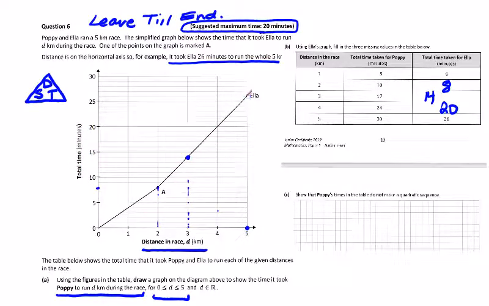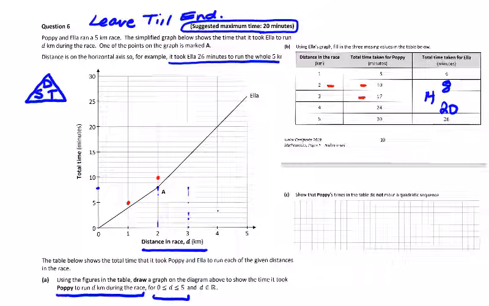Try and fit it in. So we have 1, 5. We'll do it in a different color, we'll do it in red. 1, 5. Then we have 2, 10. Quite linear so far. 3, 17.